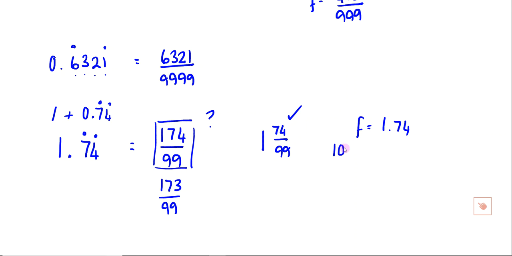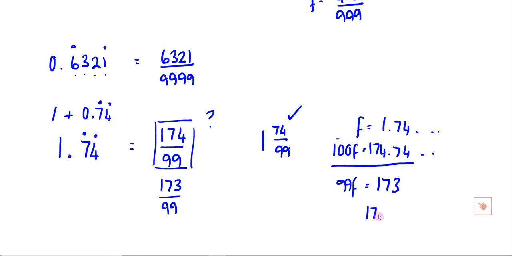So I would have 100 F's equal 174.74 recurring. When I do my subtraction, I get 99 F's, but I only get 173 because I've not got a 0 here, have I? I've now got a 1. So it would actually be 173 over 99.